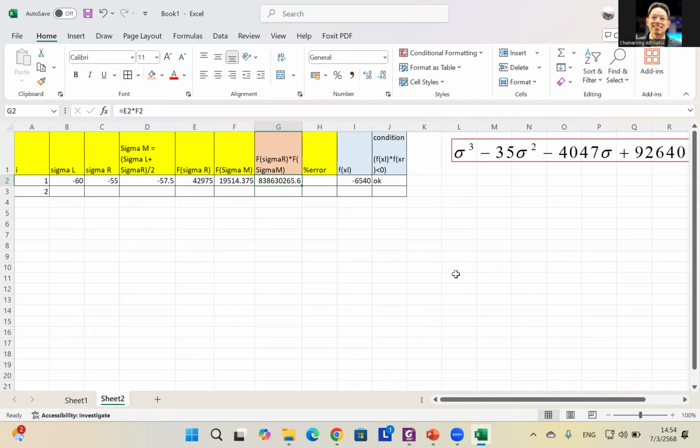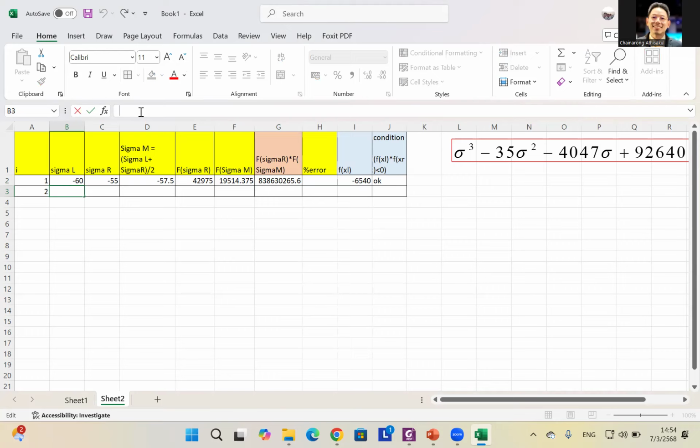If fxm multiplied with fxr is positive, it means that xm and xr are on the same side. So how can we do? We change xr to be xm, so xl should be kept, right?